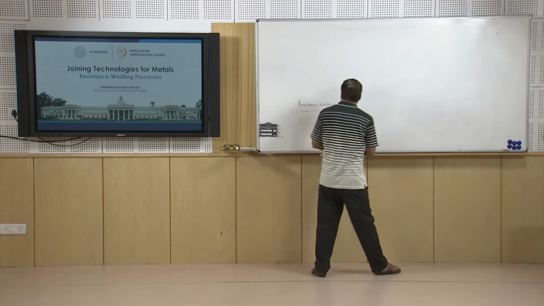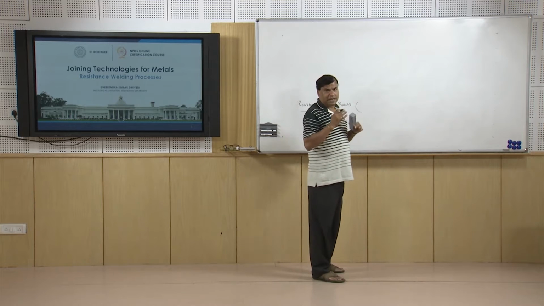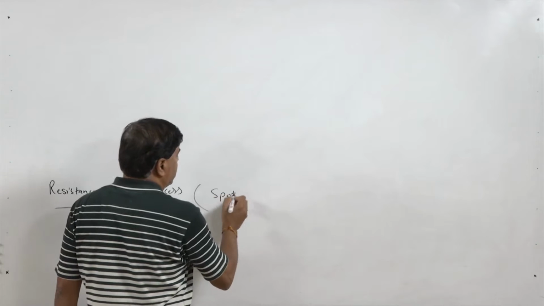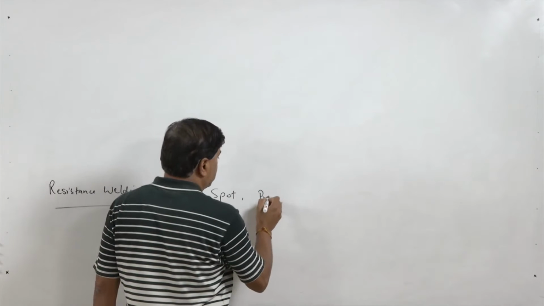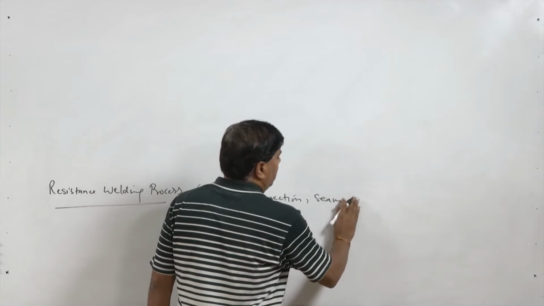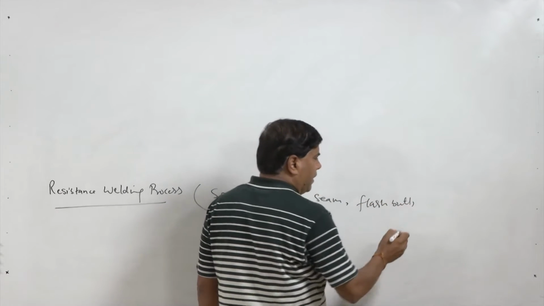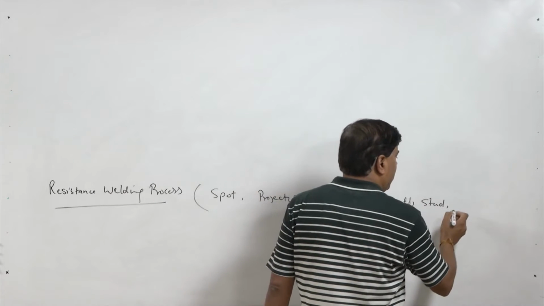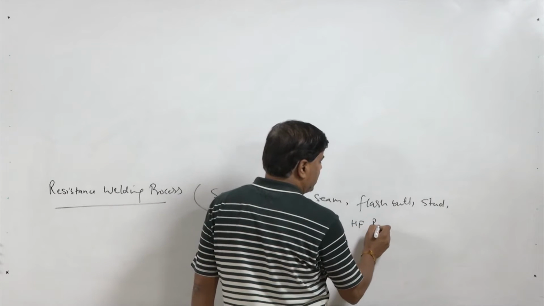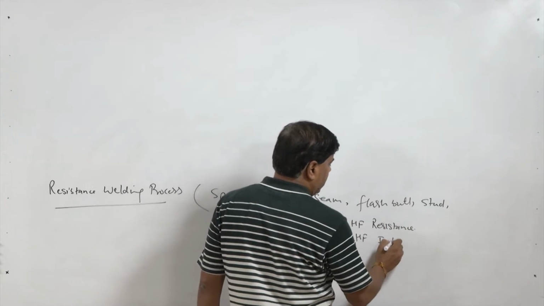Resistance welding processes are basically a group of processes. In all those processes the electrical resistance heating is involved for developing the weld joint, and these are commonly known as spot welding, projection welding, seam welding, flash butt welding, stud welding, and then there is high frequency resistance welding and high frequency induction welding.